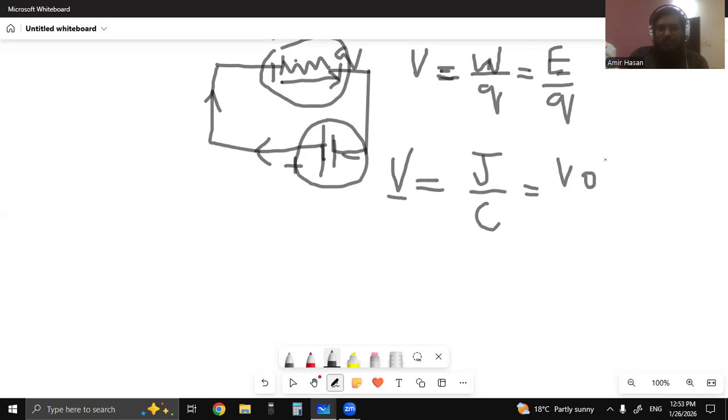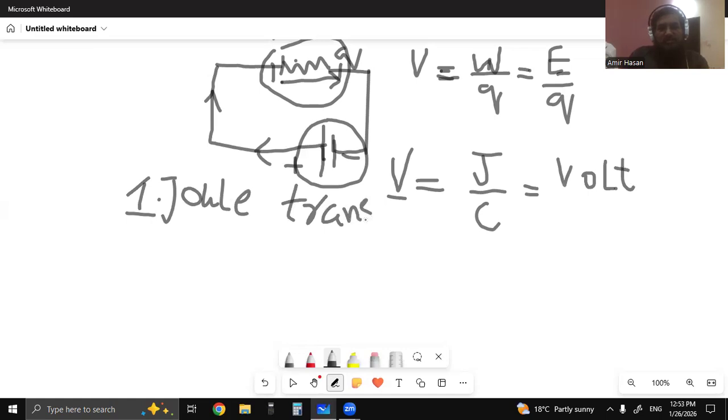When 1 joule of energy is transferred to a 1 coulomb charge, it represents 1 volt. So 1 joule of energy transferred to a 1 coulomb charge is represented as 1 volt.